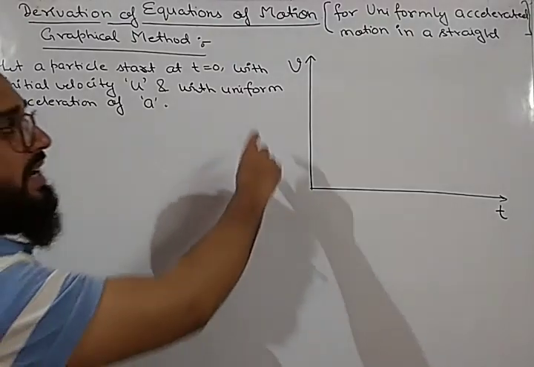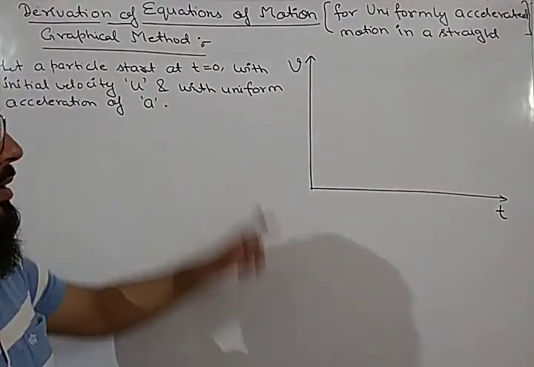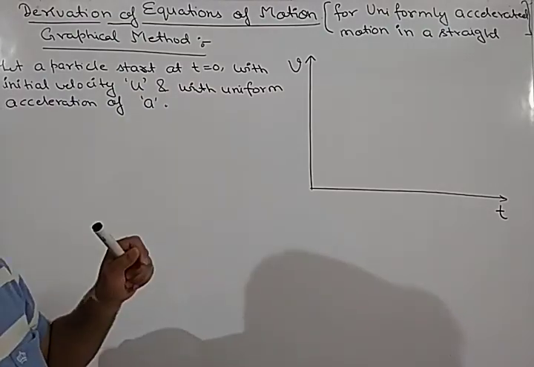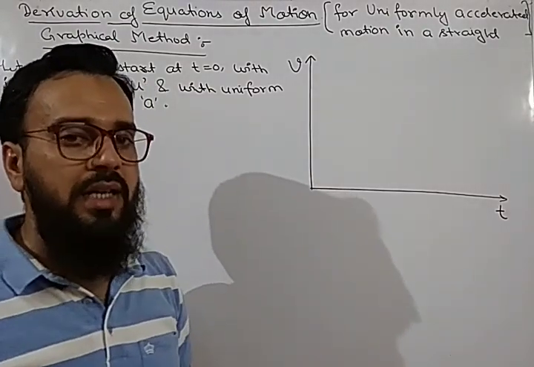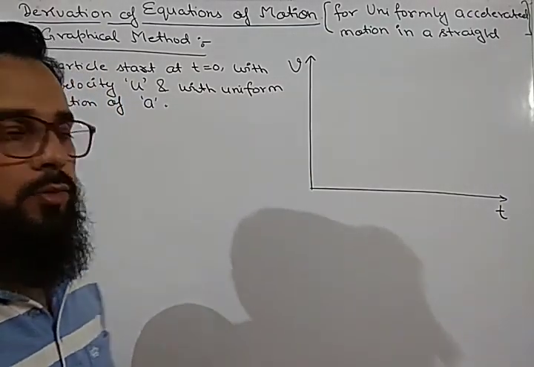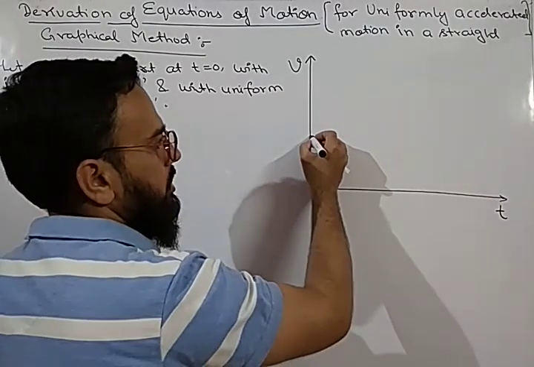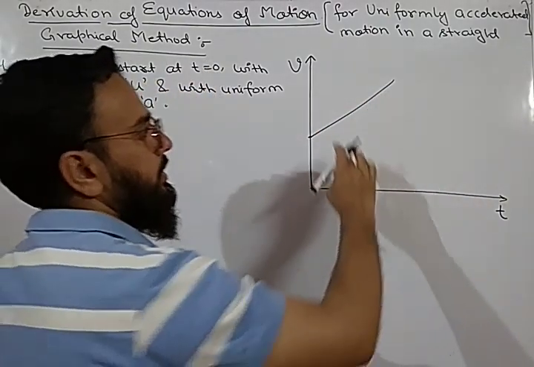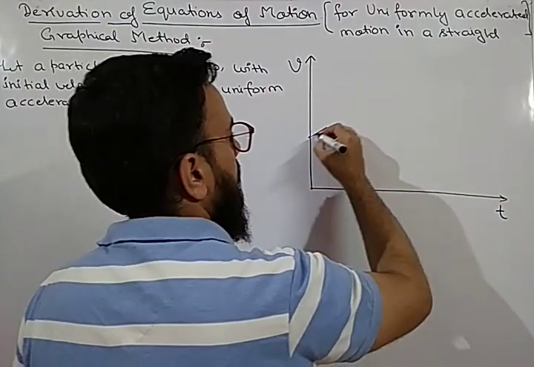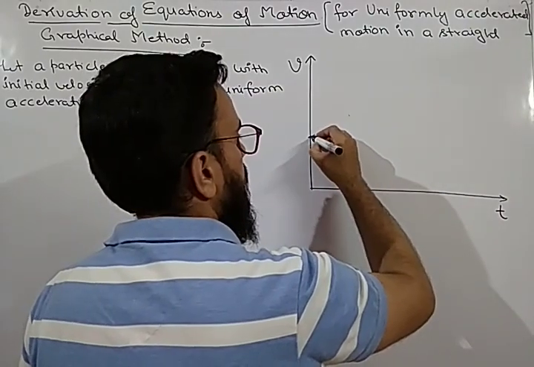So what will be its velocity time graph? Initial velocity is u. So how will you draw the velocity time graph? We have already discussed the velocity time graph of uniformly accelerated motion. This graph looks like this. It is a straight line starting from some velocity u.